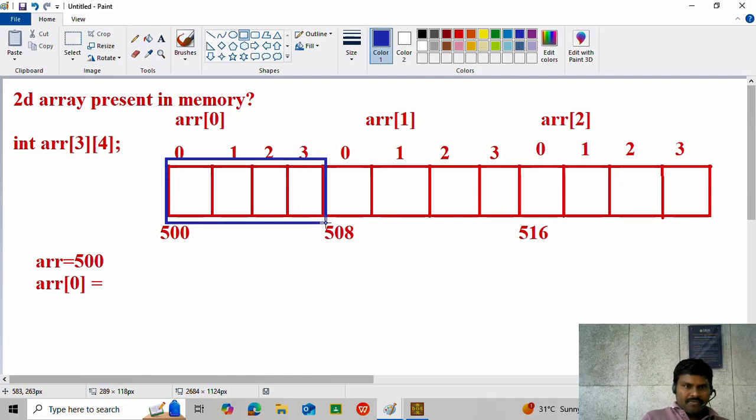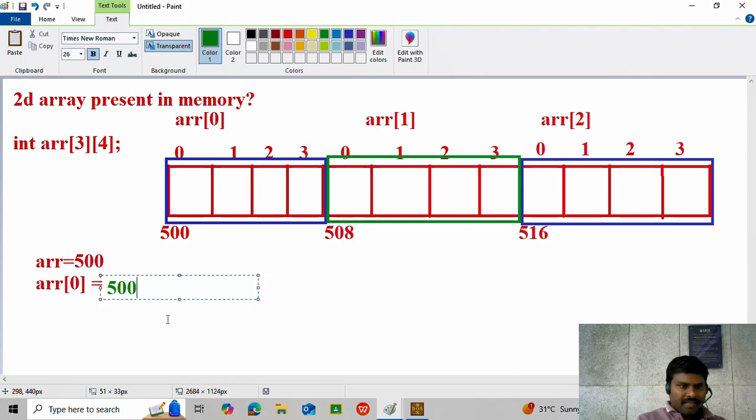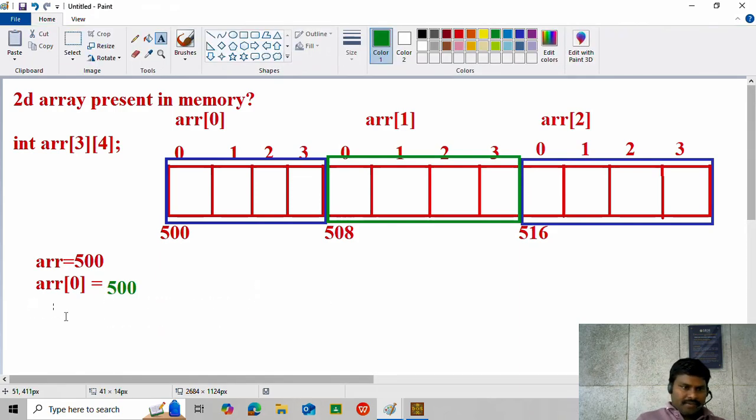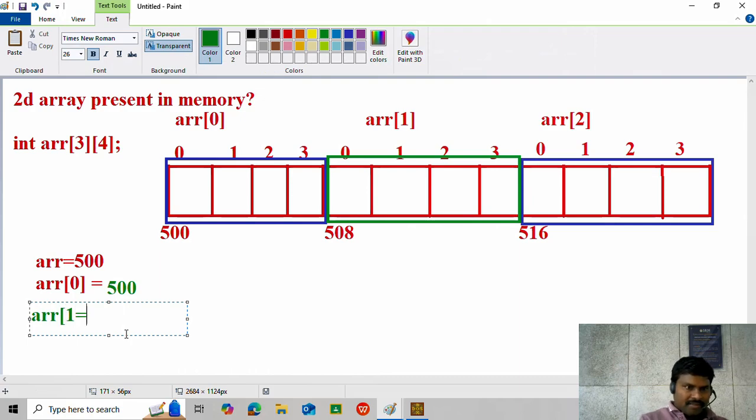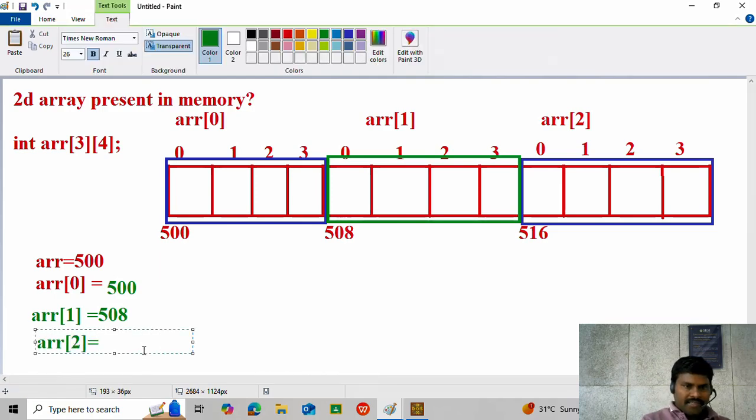This one is arr of 0, this one is arr of 1, this one is arr of 2. Arr of 0 is 500, arr of 1 is 508, and arr of 2 value is 516.